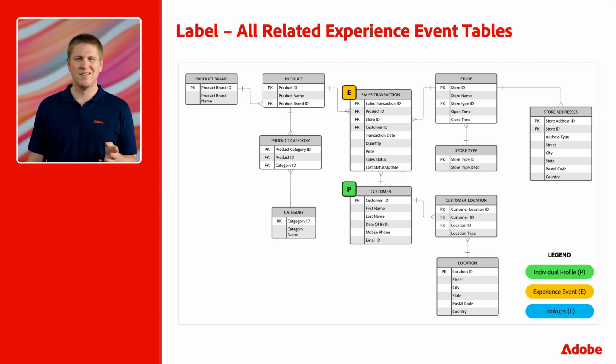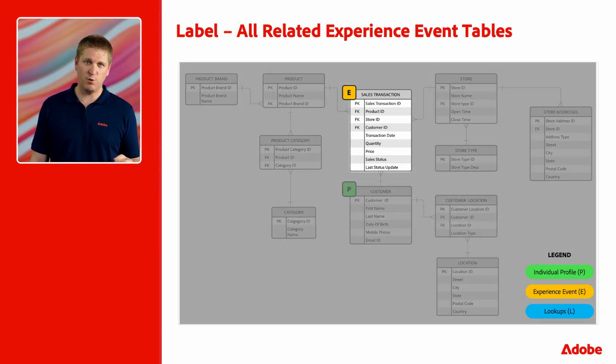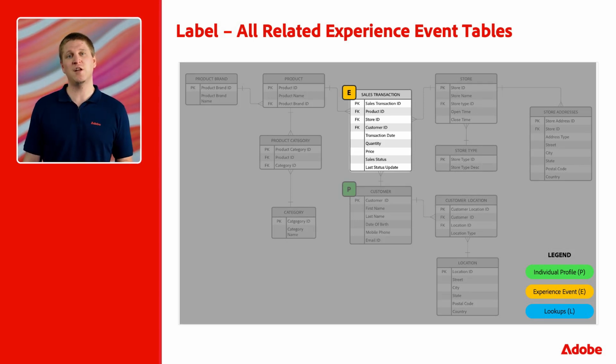In this case, the sales transaction table is really the only table that appears to describe a behavior a person might take, purchasing something. And it conveniently also directly relates back to the table that was previously labeled with a P. Therefore, we would label the sales transaction table with an E to represent it's an experience event-based table.